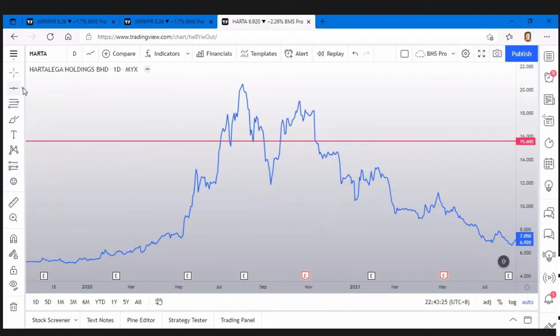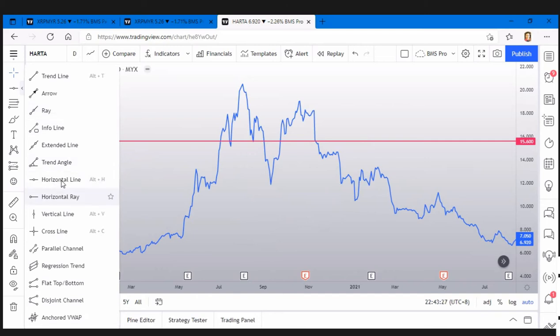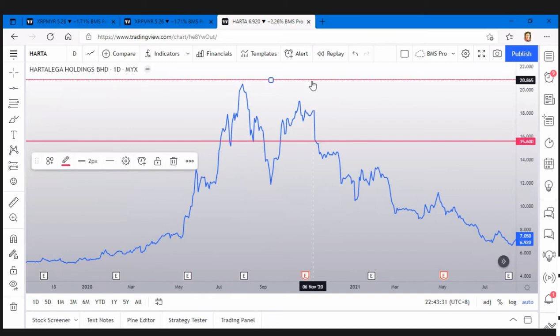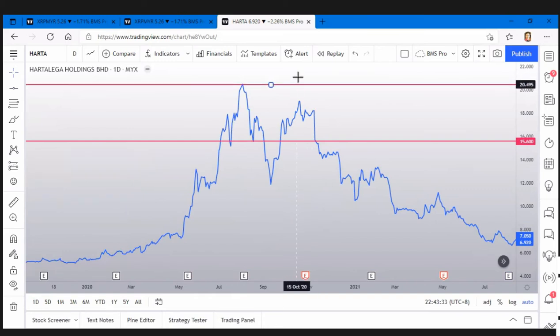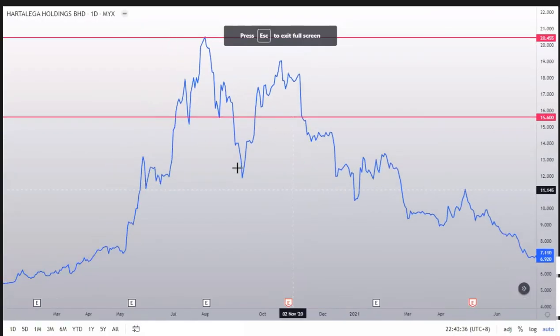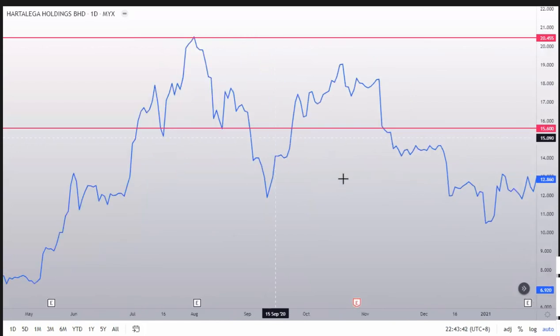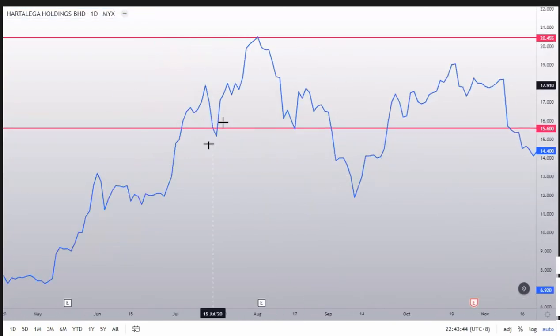Okay, so you clearly see this head and shoulder pattern. The left shoulder and right shoulder, this is the head. All right, this is a head and shoulder pattern. This is the neckline.